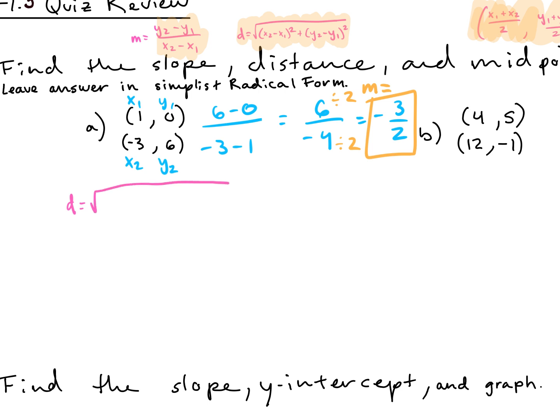So we have the square root of x2 minus x1 squared plus y2 minus y1 squared. So x2 is negative 3 minus x1 is 1 squared plus y2 would be 6 minus y1 is 0 squared.